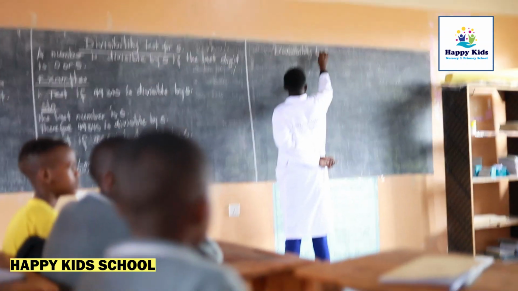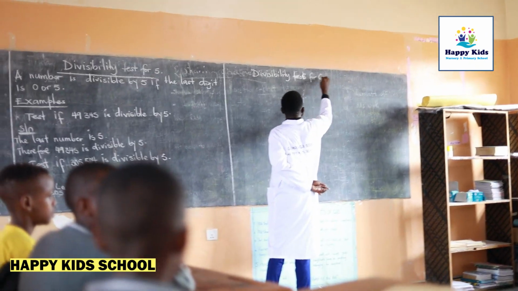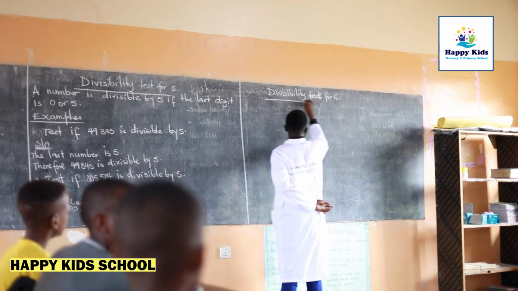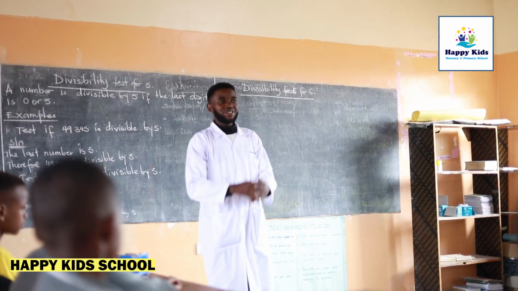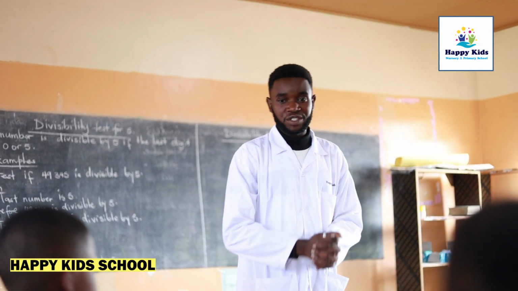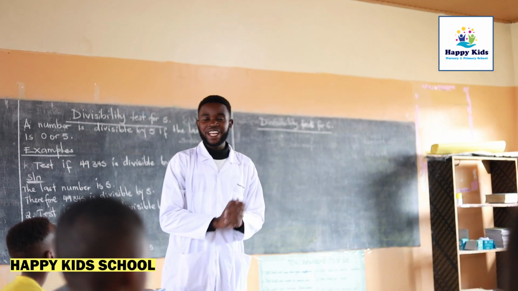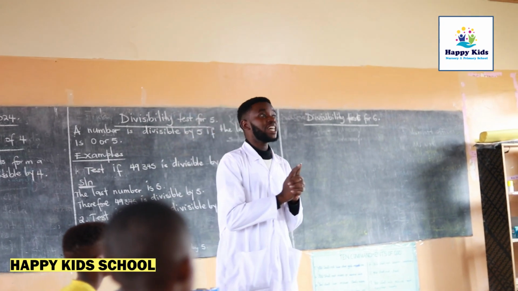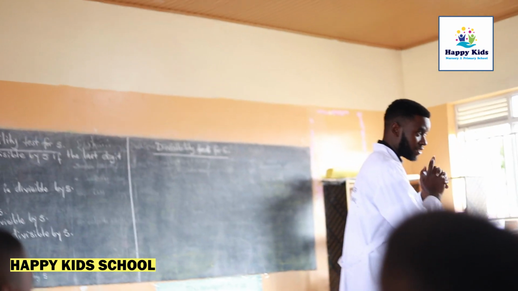We have started divisibility tests for 2 and 3. Now, who can guess how we can know whether a number is divisible by 6?